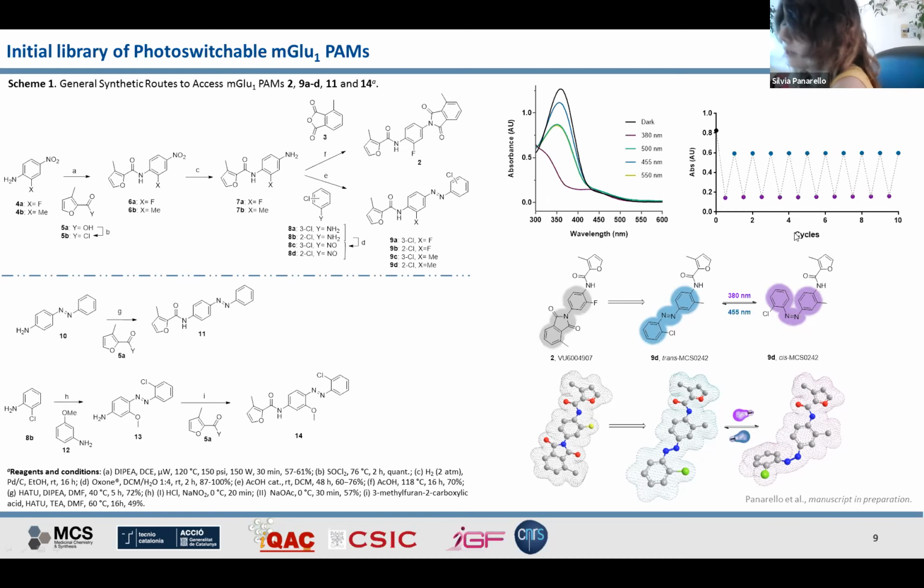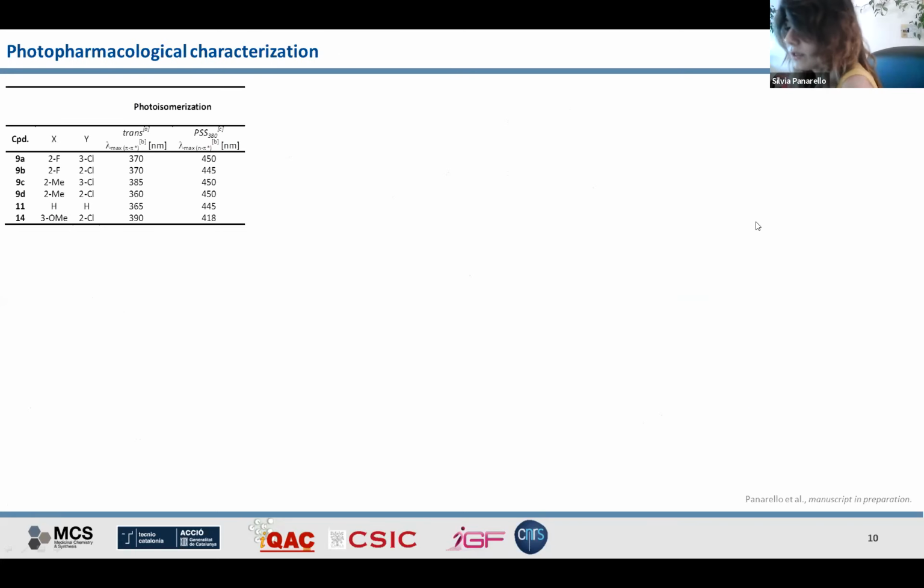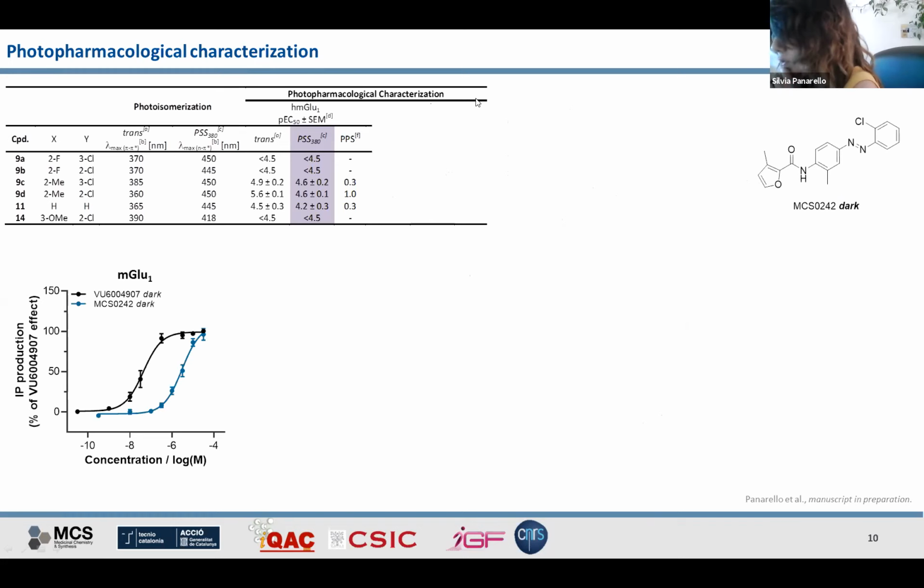Moreover, all the compounds displayed high photostability over the application of multiple light cycles. Once all the compounds displayed the same behavior, they were tested for their pharmacological activity as mGlu1 PAMs. Thus, the dose-response curves were generated, both in dark and 380 nanometer light conditions.